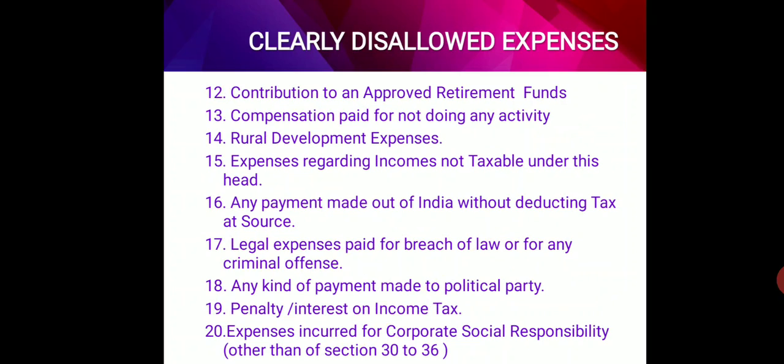Besides these, any payment made out of India without deducting tax at source will be disallowed. Legal expenses paid for breach of law or any kind of payment made to political party will also be disallowed. Penalty or any interest or fine on income tax and expenses incurred for corporate social responsibility other than that of section 30 to 36 will also be clearly disallowed.